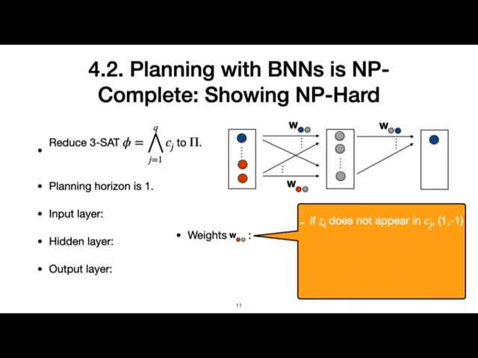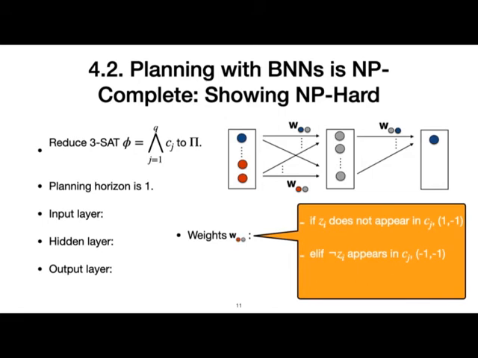Next, we need to decide on the values of the weights as follows. We're going to set the weights that connect the pair of action variables that represent Boolean variable Zi to the hidden unit that represents clause Cj to 1 and -1 if that Boolean variable does not appear in that clause, meaning the input from those pair of action variables are going to be cancelled out.